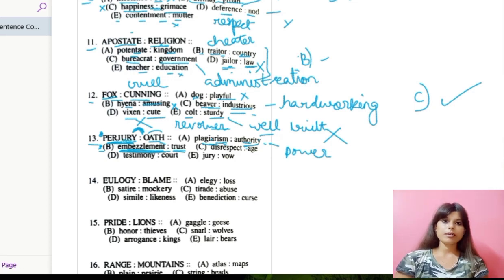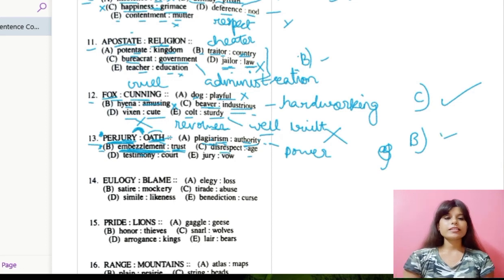So perjury and embezzlement is going, and oath is a promise, trust is faith. So obviously number B can be a very good option for number 13. Disrespect means that you are not respecting someone, and age, you all know, age means your years. So this is not making sense with the question.